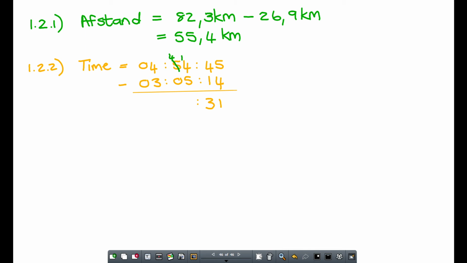Do you agree? Alright, so 14 minus 5 gee vir my 9 en 4 minus 0, 4. Okay, right. Then the 4 minus 3 gave me 1, and that stays 0. So met ander woorde, die verskil was 1 uur, 49 minute en 31 sekondes. Any questions there?